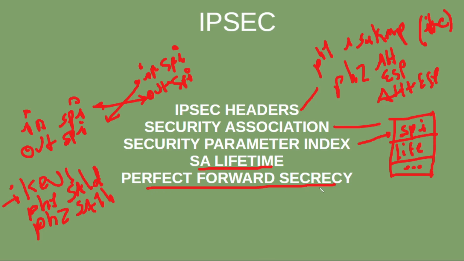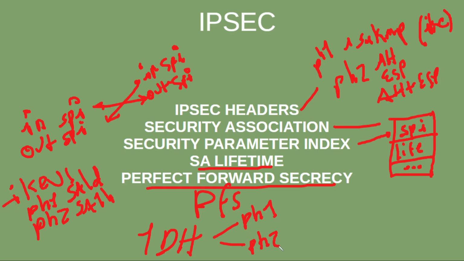And we talked about perfect forward secrecy: by default we usually use one Diffie-Hellman process to create keys for phase 1 and phase 2, but when enabling perfect forward secrecy, we are going to have a Diffie-Hellman process creating key material for phase 1 and another different Diffie-Hellman process creating key material for phase 2. That's it.